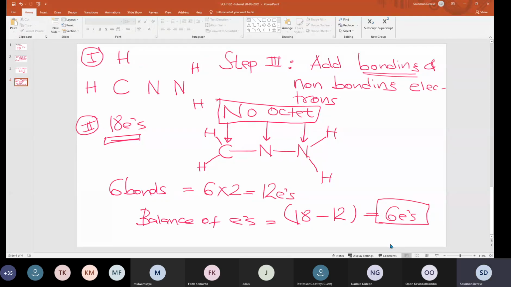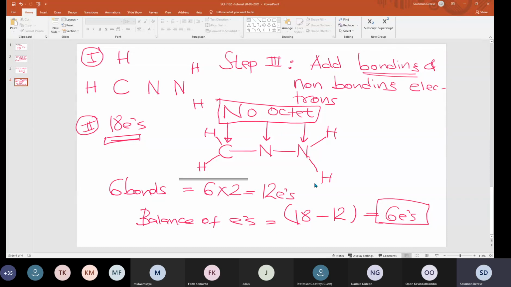We have 6 electrons. Then we have to use these electrons first as lone pairs to see if we can satisfy the octet of all the elements.